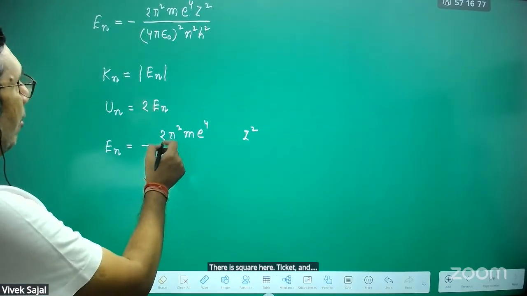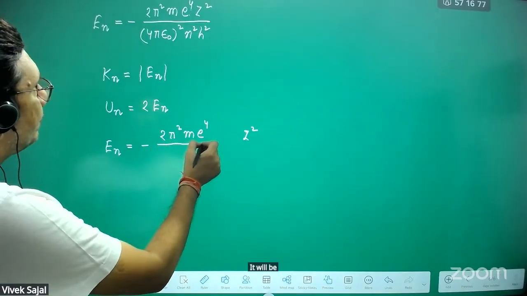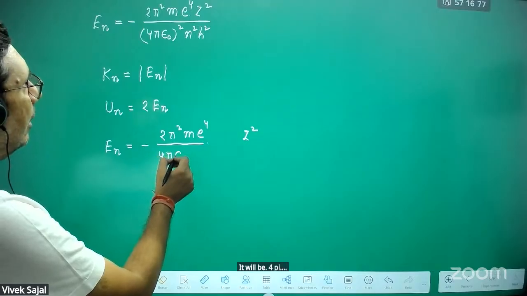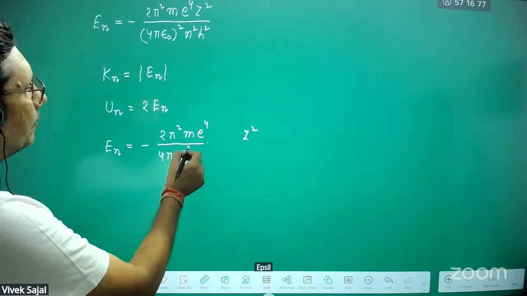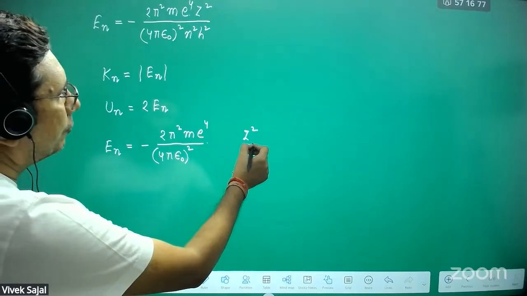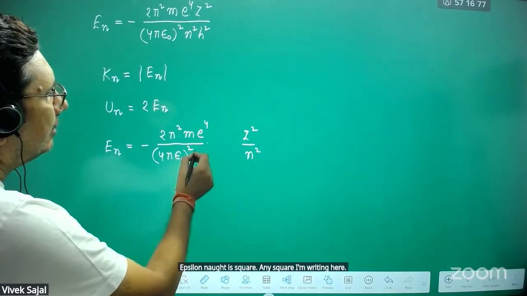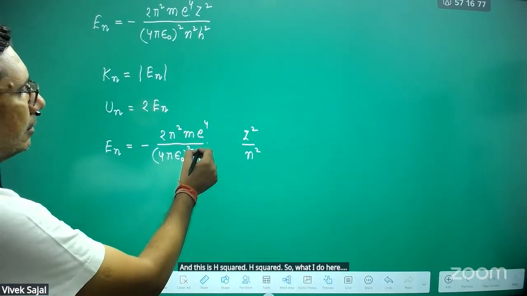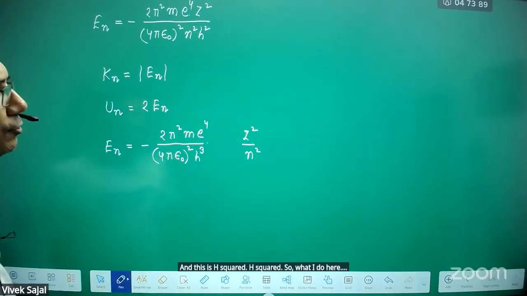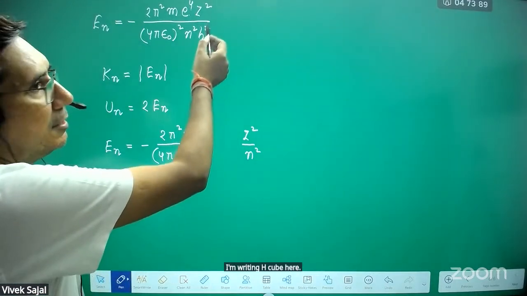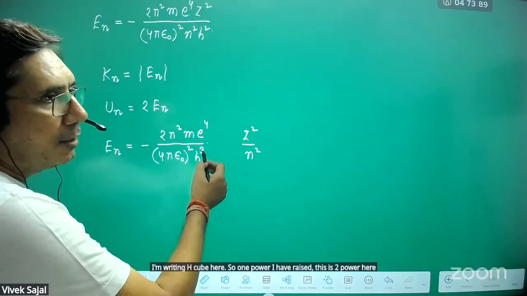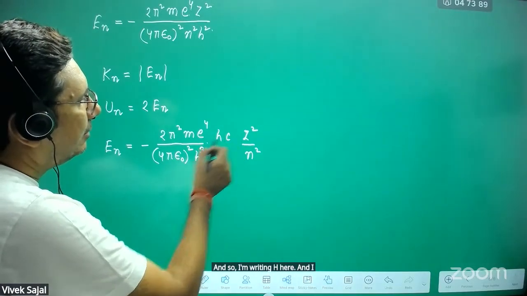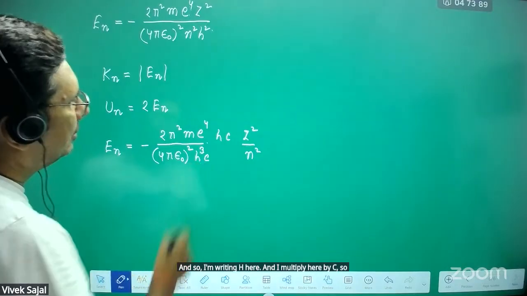And it will be 4 pi epsilon naught square, n square I'm writing here, and this is h square. So what I do here, I'm writing h cube here. So I have raised 1 power. This is 2 power here. I raised 1 power, and so I'm writing h here. And I multiply here by c. So I'm introducing c here.